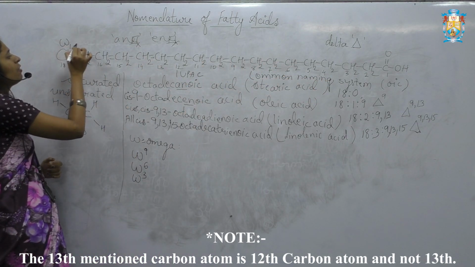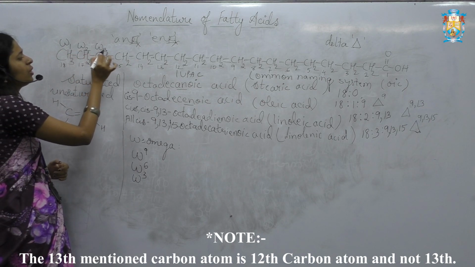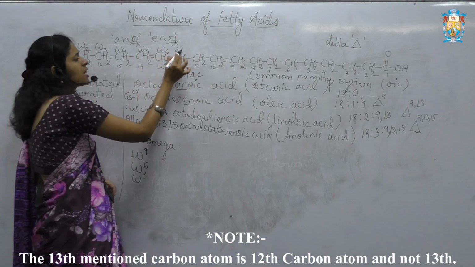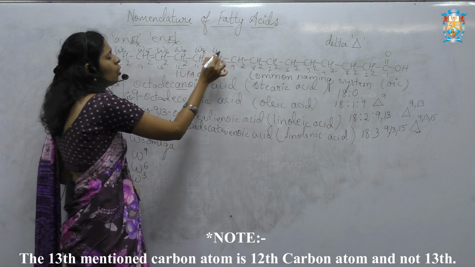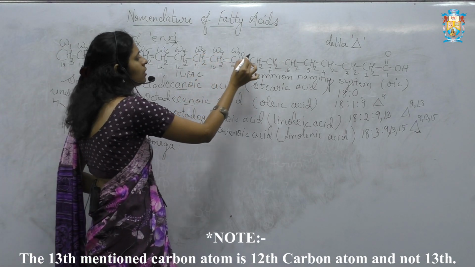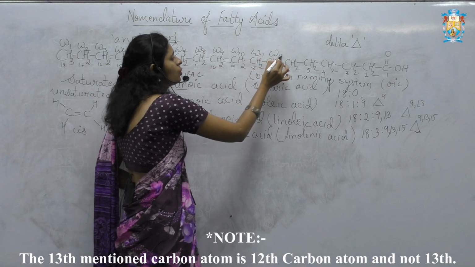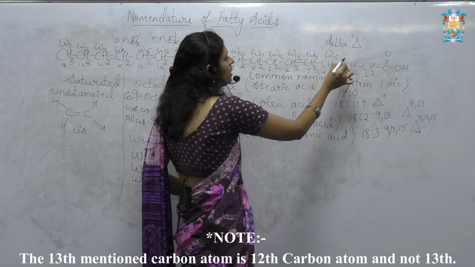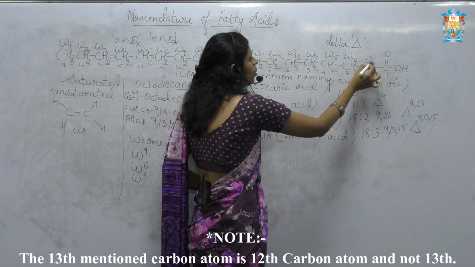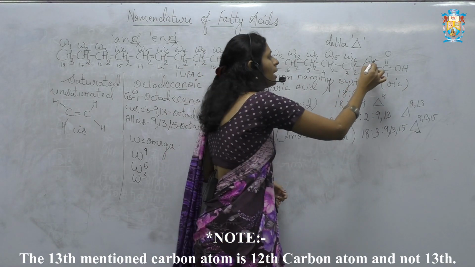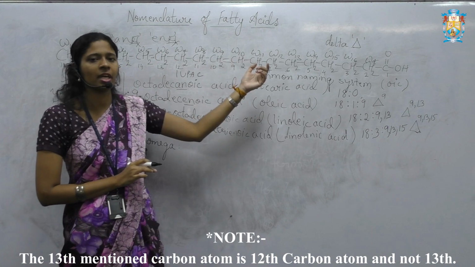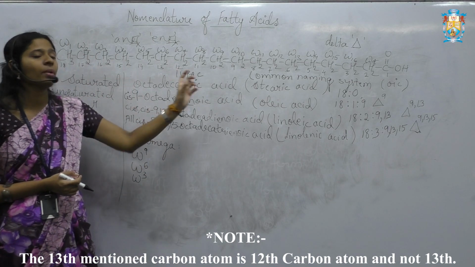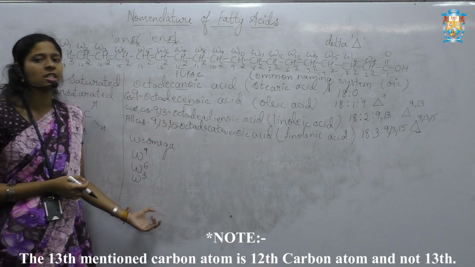So it will be named as omega 1, omega 2, omega 3, omega 4, omega 5, up to omega 17. The last one, omega 18, is not calculated for the omega system. Omega numbering is not given for the functional group carbon. So there are only omega 17 carbons as per the omega system of numbering.